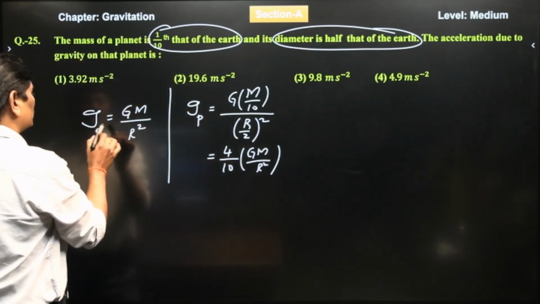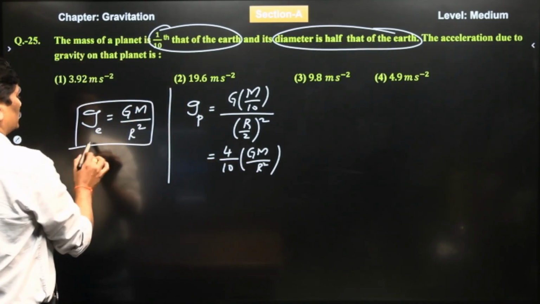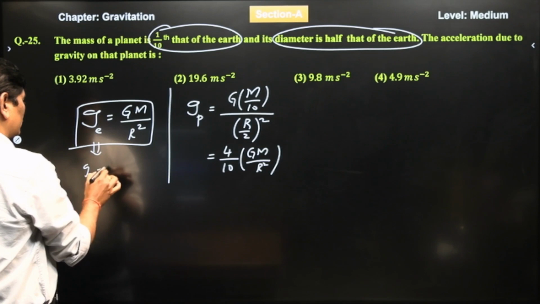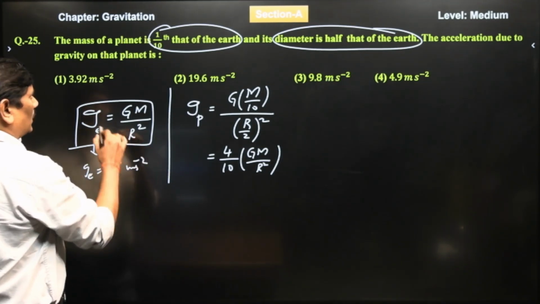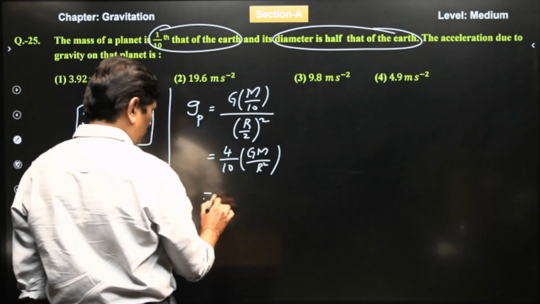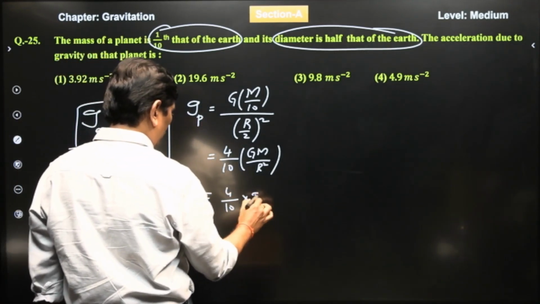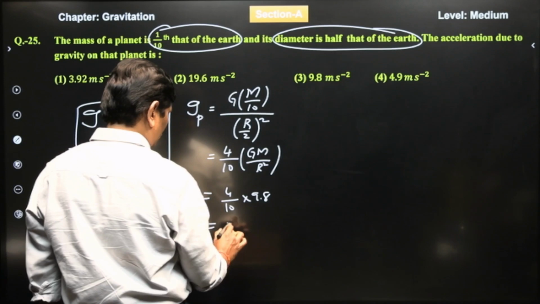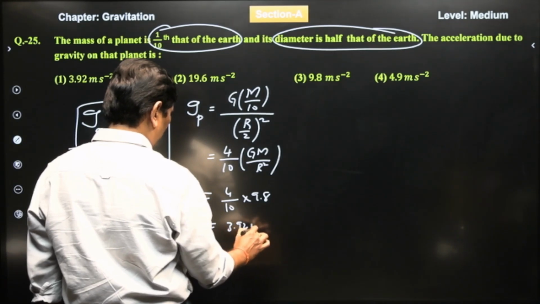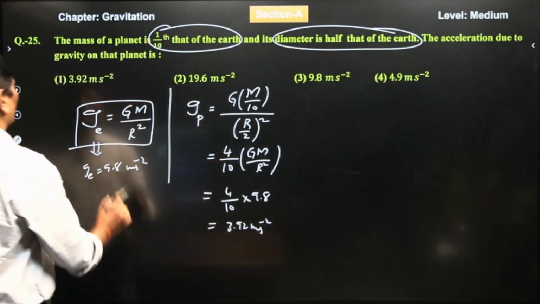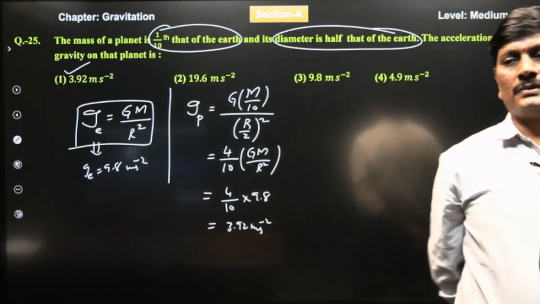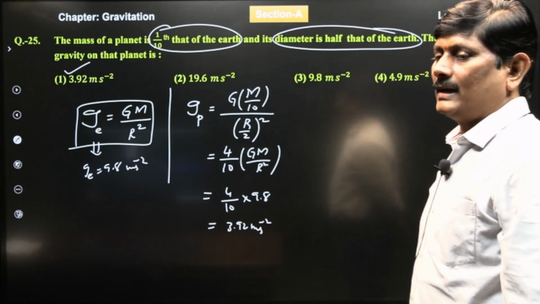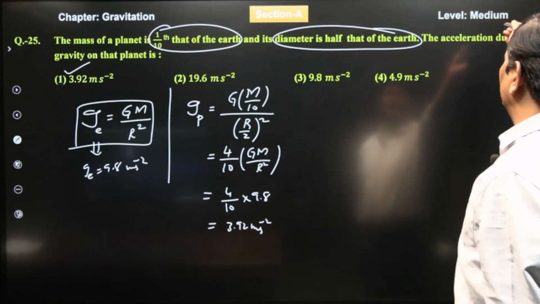This is the value of g on earth, and the g value on earth we take 9.8 meter per second square, because in the options you can identify 9.8. So, 4 by 10 into 9.8, you will get 3.92 meter per second square, first option. This is also a simple question. As calculation is involved, I am putting this one in medium.